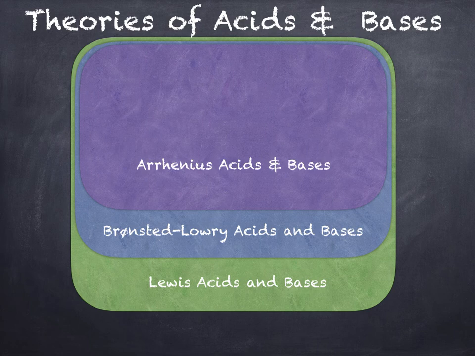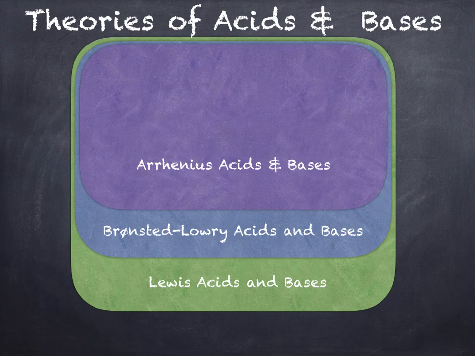But this flowchart just tries to illustrate that this is like a nested hierarchy and they all kind of fit into each other rather than being separate entities. So again, Arrhenius fits into Bronsted-Lowry, which fits into Lewis, and Lewis acids and bases encompass everything that we could define as an acid or a base. So these are not all mutually exclusive definitions, and I just want to get that point across right now.